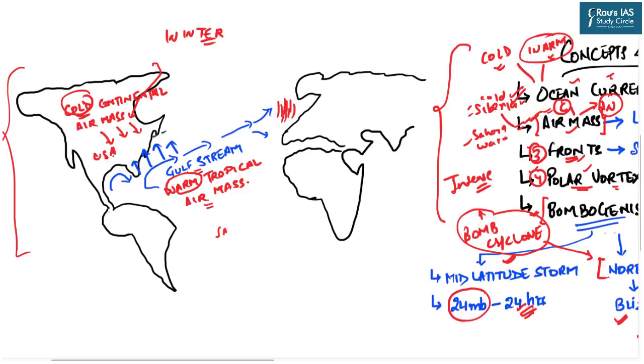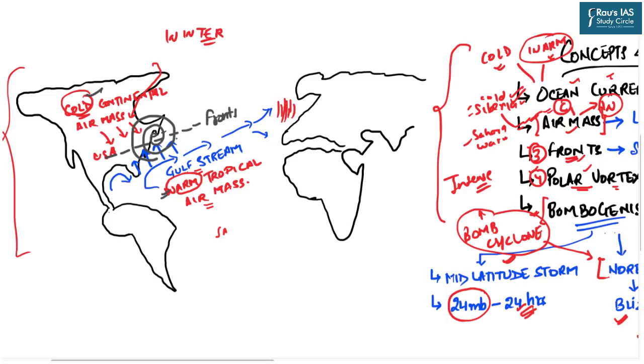So, around this particular region, a front is formed because the two contrasting air masses are colliding with each other. And as soon as the fronts are formed, it leads to the development of temperate cyclones. The pressure drops at a very huge rate, up to 24 millibars within 24 hours.